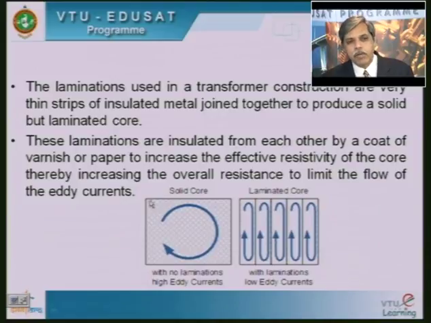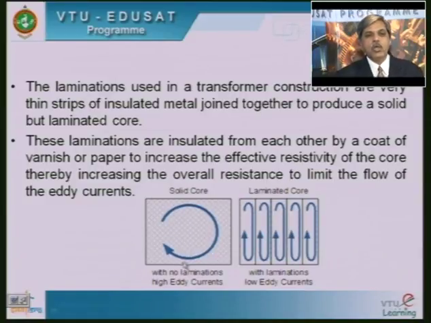Therefore this complete area will be offered for the eddy currents induced in the core. As you can see, the area is larger, so the resistance offered by the core will be smaller, because the resistance, rho L by A, is inversely proportional to area.